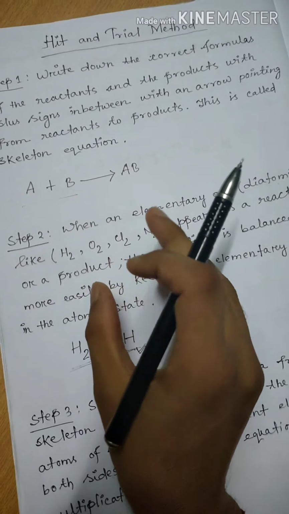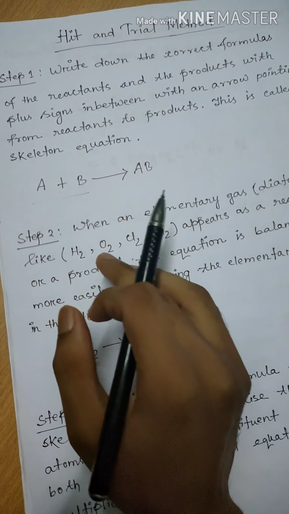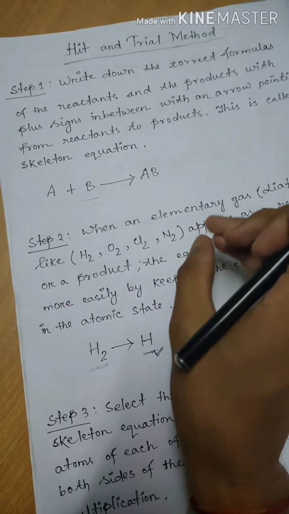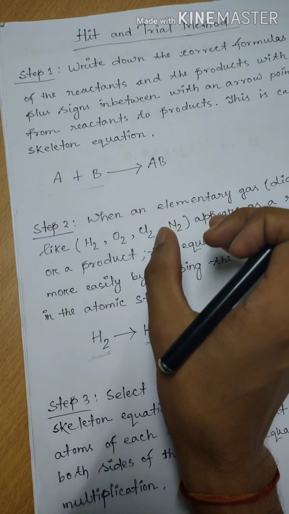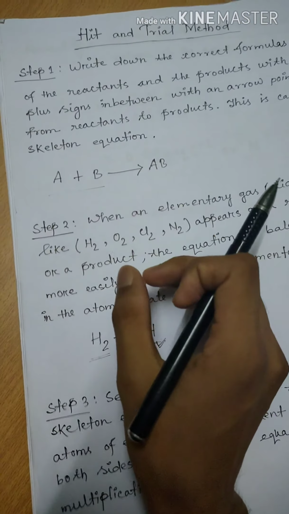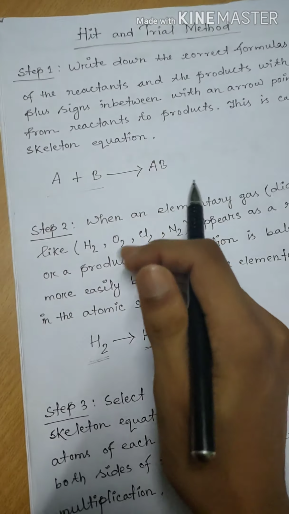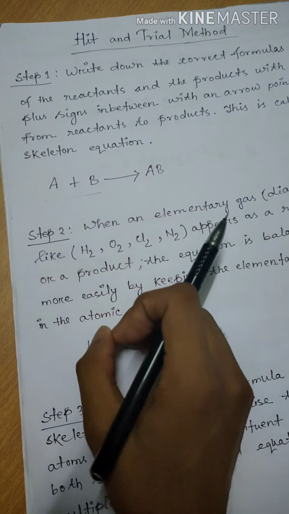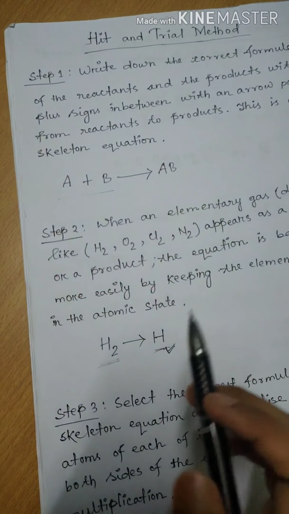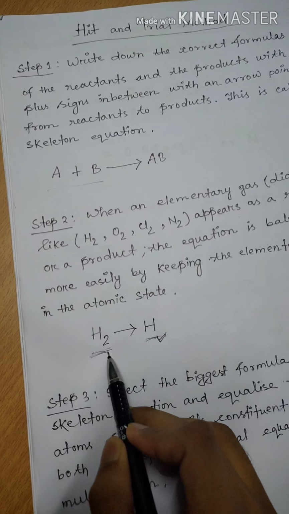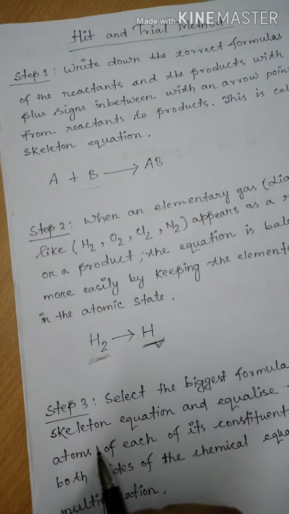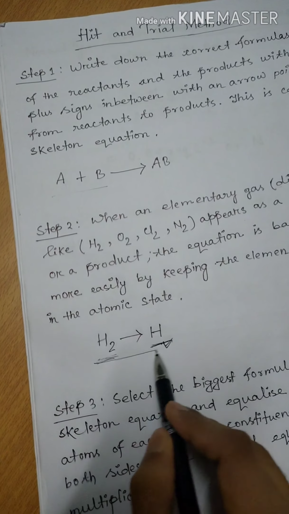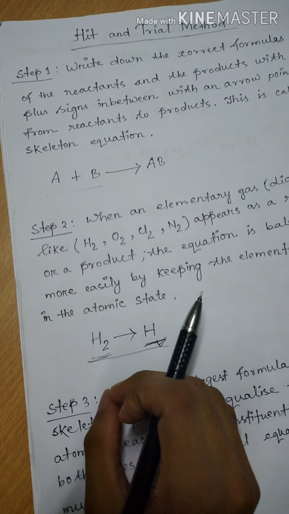Means if these elementary gases H2, O2, Cl2 and N2 are present in the reaction as a product or a reactant, then first we have to convert this elementary gas into its atomic state, then it will be very easy to balance the equation. Okay, means for this elementary or diatomic gas we have to write only a single hydrogen. Okay, then it will be easy to balance the equation.